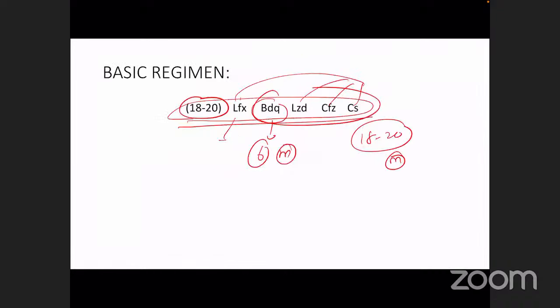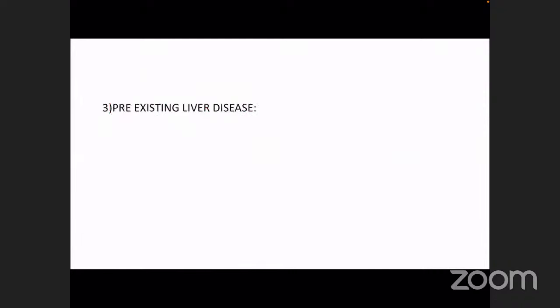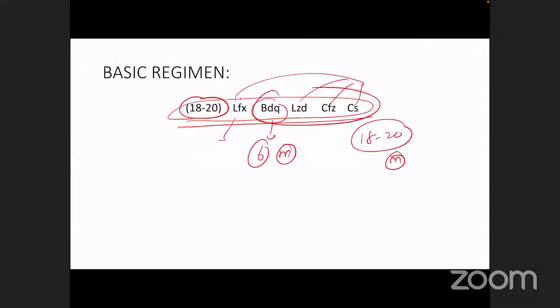And as I just told you, in patients with pre-existing liver disease, the basic principle remains the same. If the patient does not have active disease, or does not have decompensated liver disease, you can still consider using all these drugs.